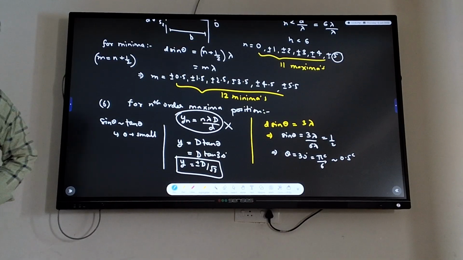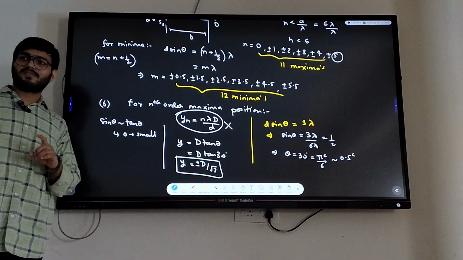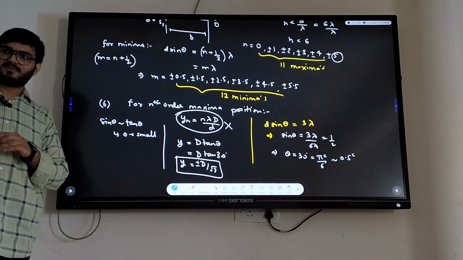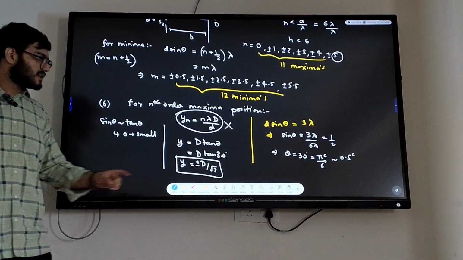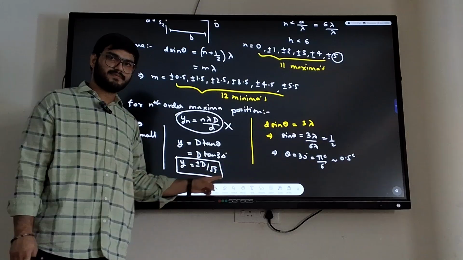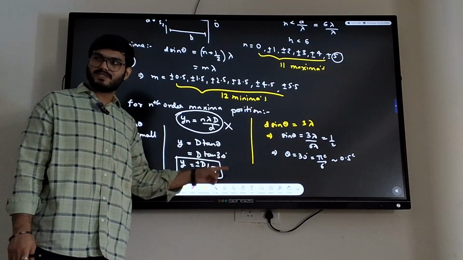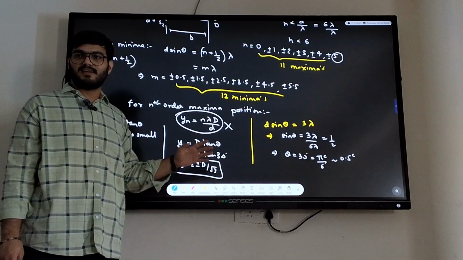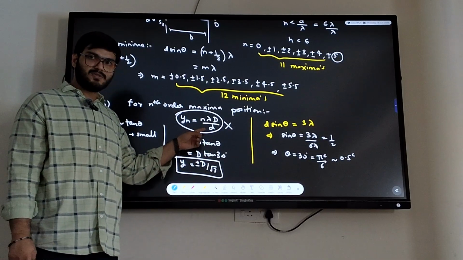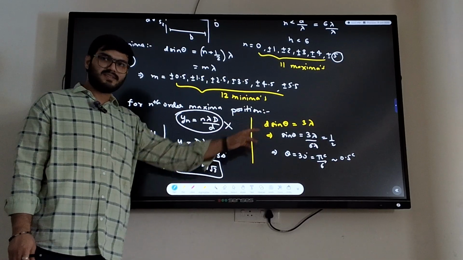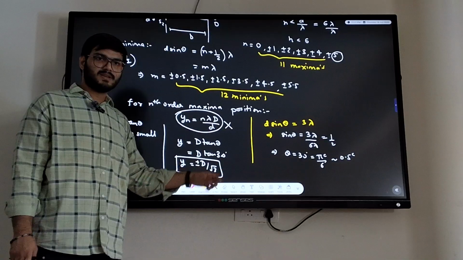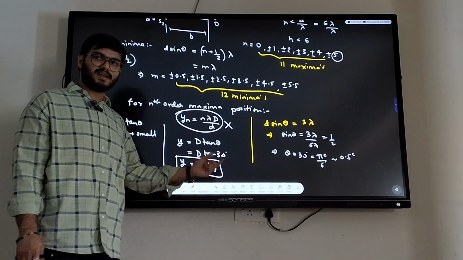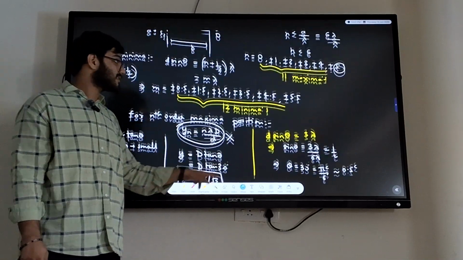It does not matter if there is an approximation existing in the question or not. This is the generic, general form. You can do simplifications only if theta is small. Otherwise, find theta, substitute in tan theta, and then find y equal to D tan theta.